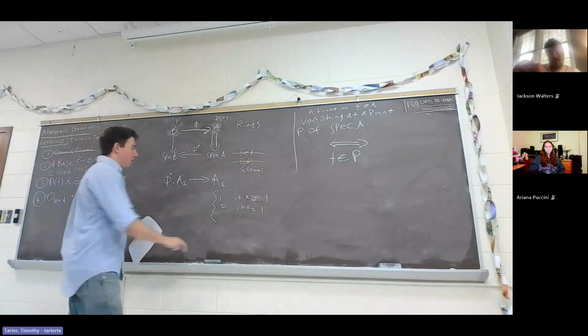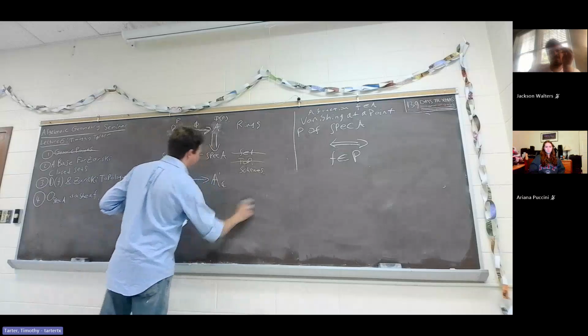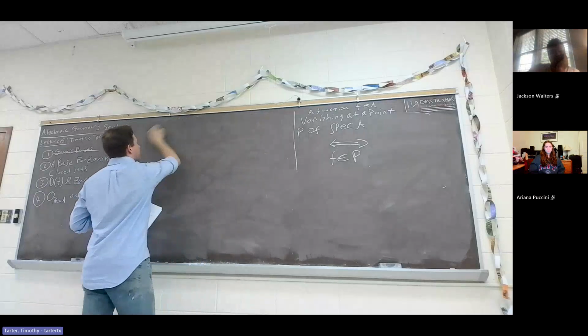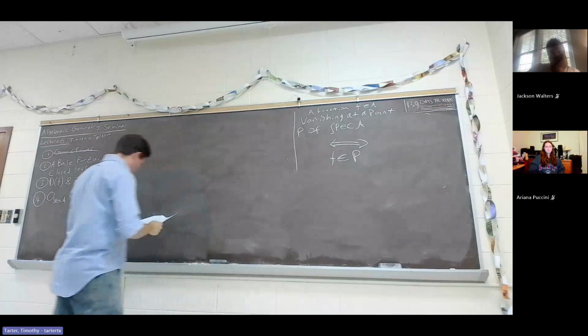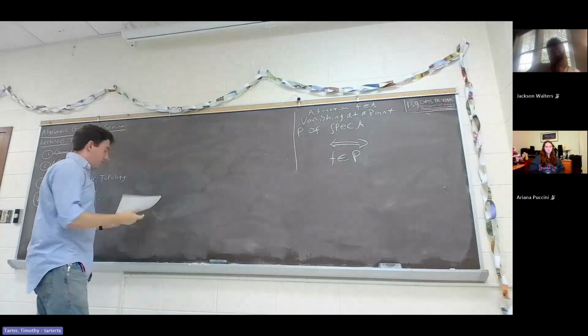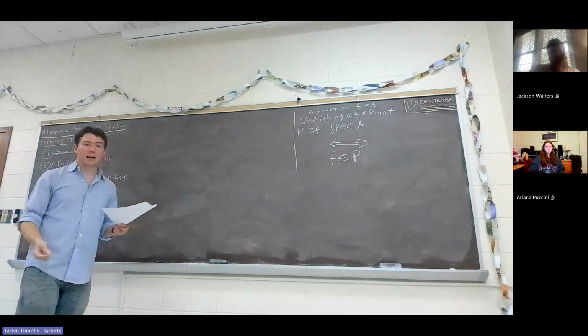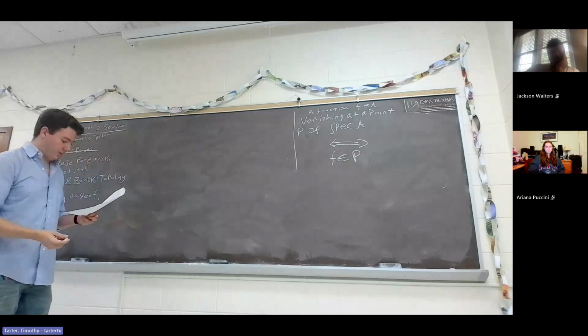Okay, so now the final remark of this section is that the Zariski topology plays nicely with quotients and localization, which we spent the better half of last lecture talking about.